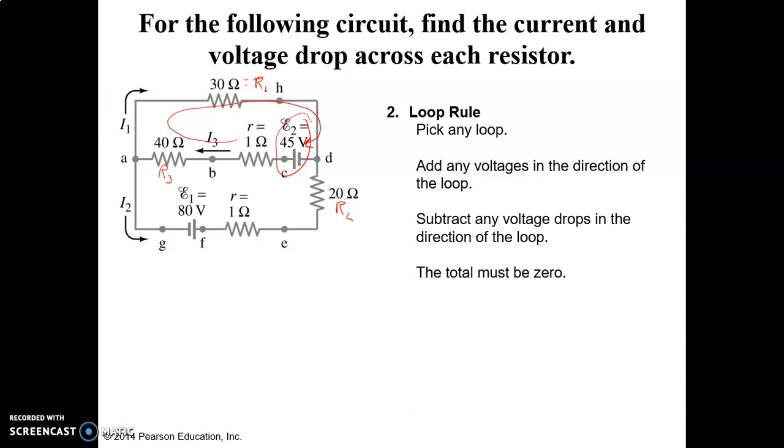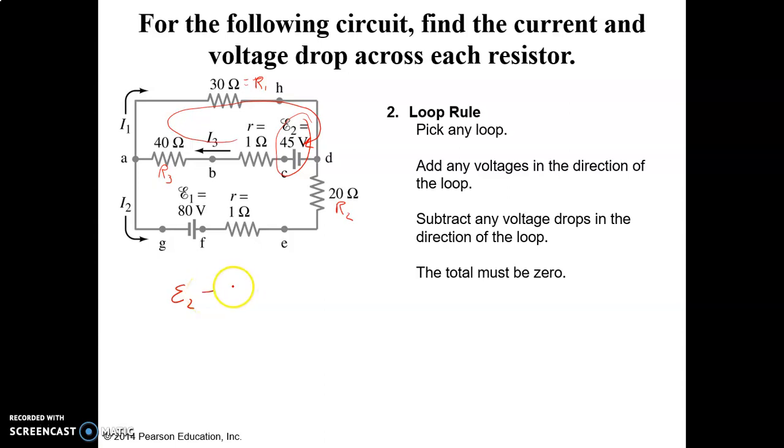All right, so remember that in a loop, you have voltage added by an EMF, and then you subtract any voltage drops across each resistor. So in this loop, you have an EMF, E2, of 45 volts. That supplies the voltage.